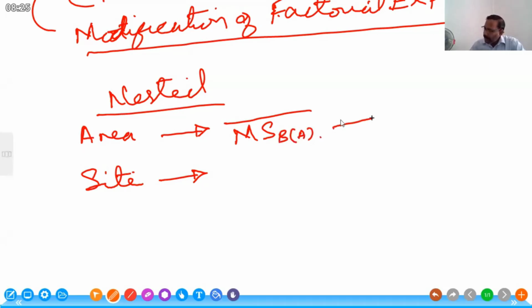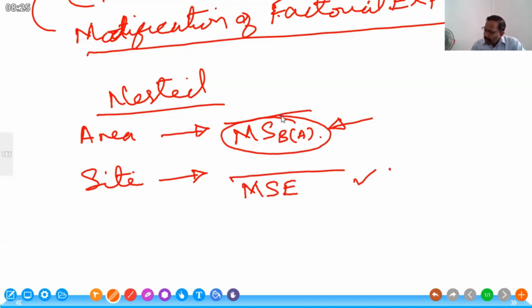So this is not the real error term. It is an adjusted error term. So you see, in the second case, we have divided by mean square error. This is fine. So here, we cannot substitute that for the error term. You see, even the comparison of these two are different. Isn't it?